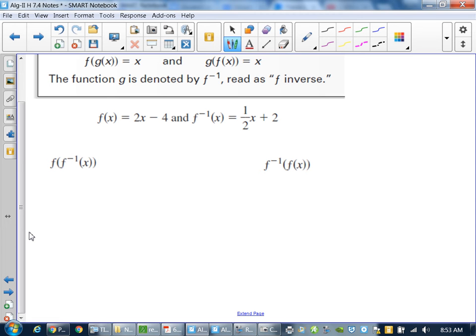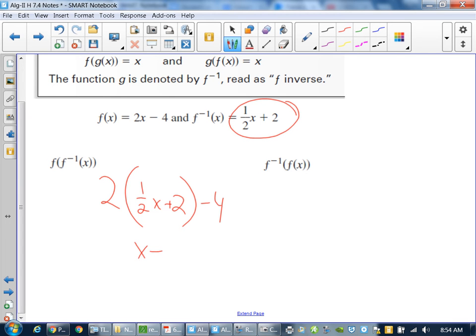That's where we get f of f inverse of x, or f to the -1. If I start with the inverse equation, 1/2 x plus 2, and then surround that by the f equation, by distributing and solving, you should get, well, what's 2 times 1/2? 1.